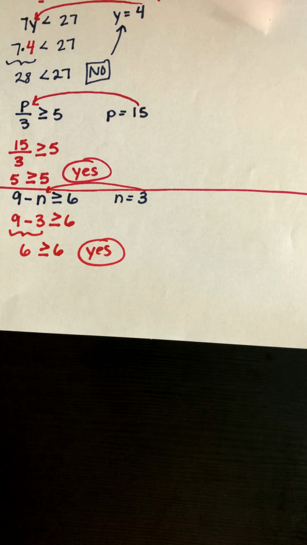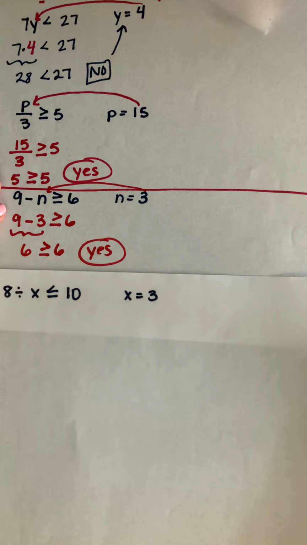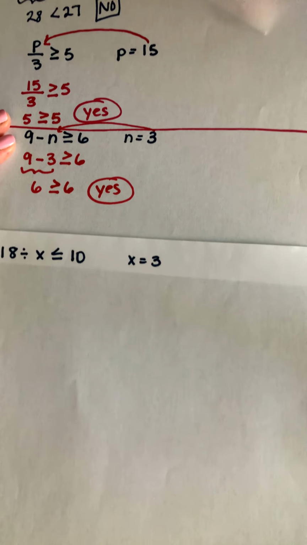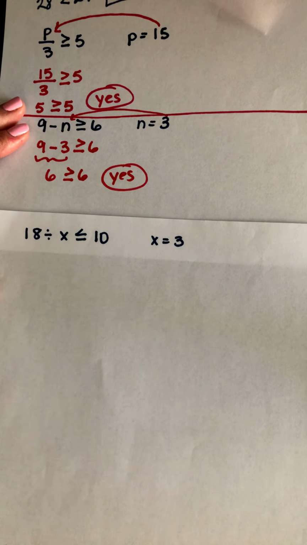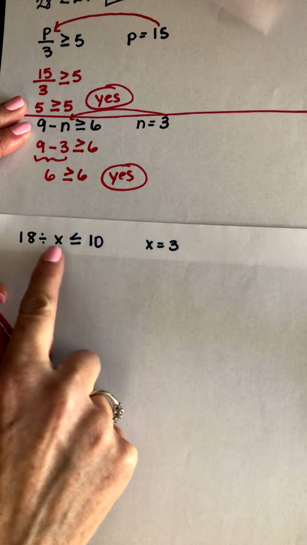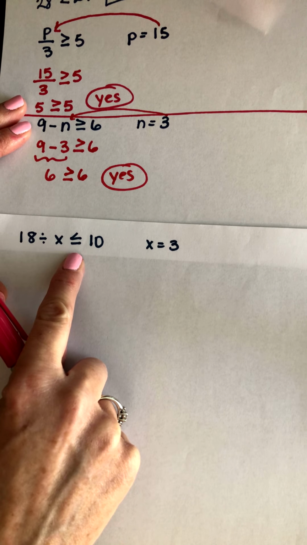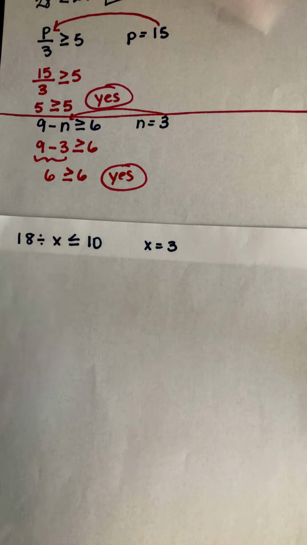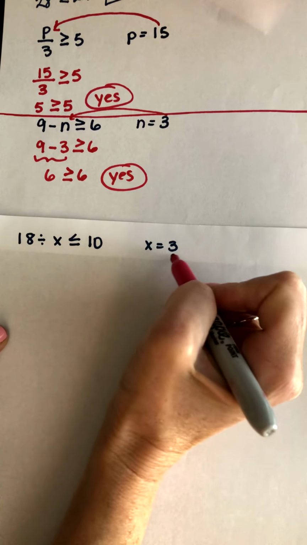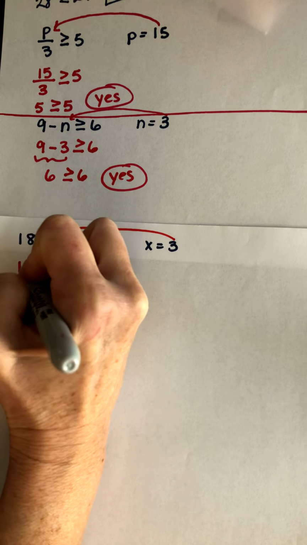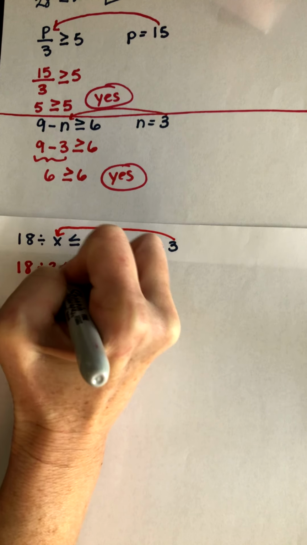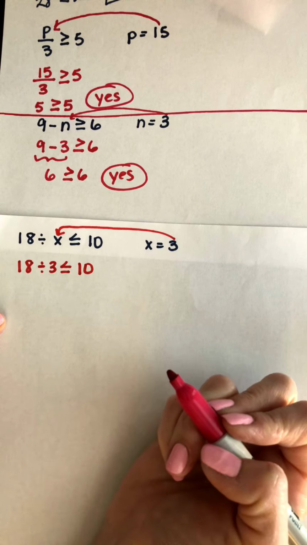Last problem. Here I have 18 divided by x is less than or equal to 10. We're going to plug in x equals 3. So I have 18 divided by 3 is less than or equal to 10.